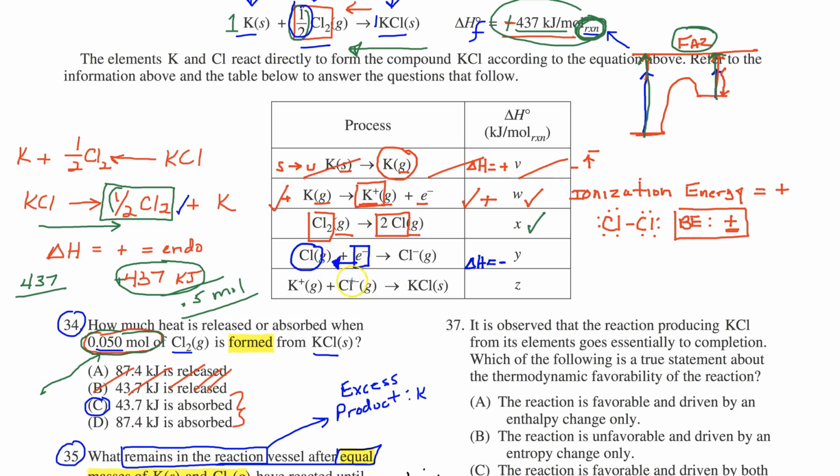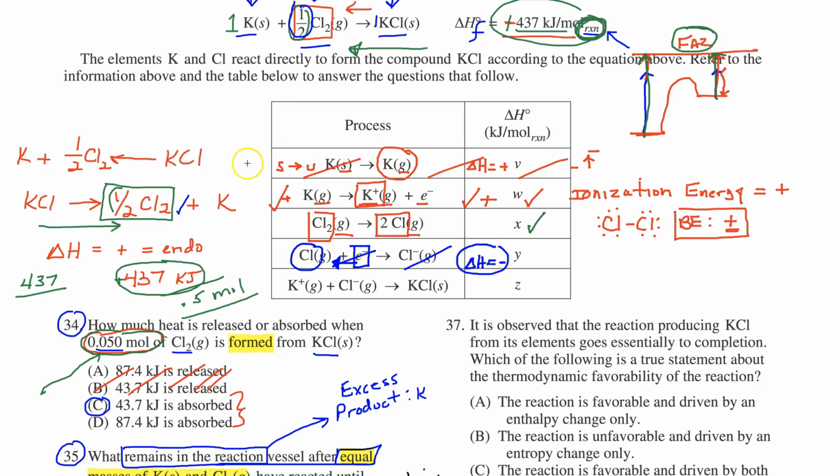Generally speaking, for elements in the upper right-hand corner that love to grab electrons, chlorine has a great affinity for an extra electron, as do most of the halogens, because they're one away from the noble gas electron configuration. This one would be a negative value, and that is one we're going to consider because delta H is negative.